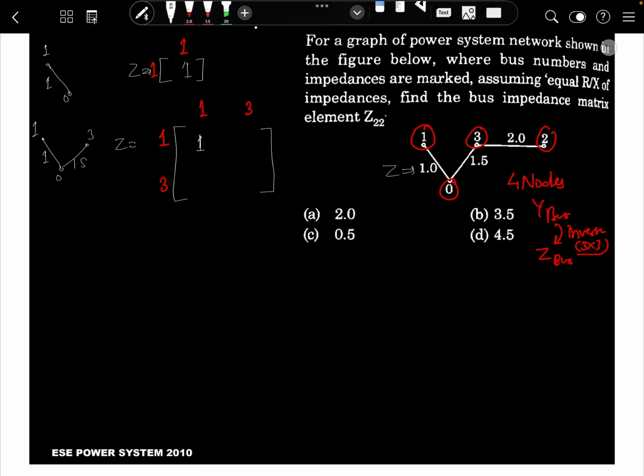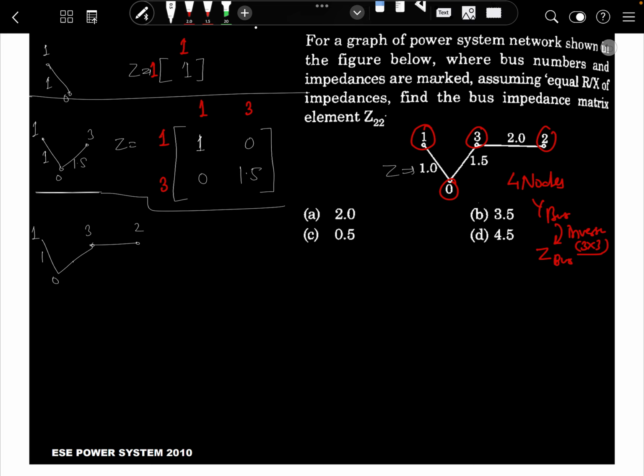Then check in the diagram. In this diagram, now 1 3, there is no element. 3 1 is no element. 3 3 means 3 0 is considered 1.5. Now I will draw the remaining circuit. 3 2 0 1.